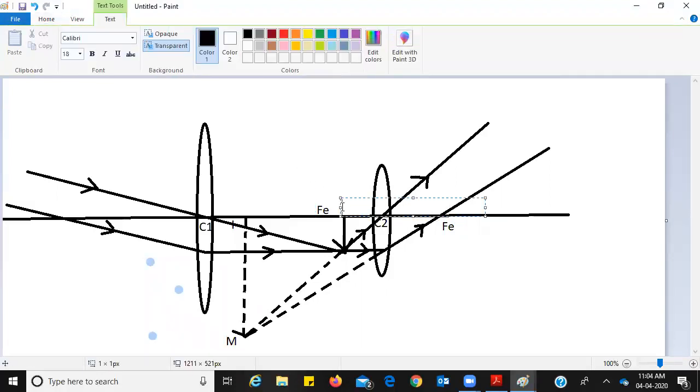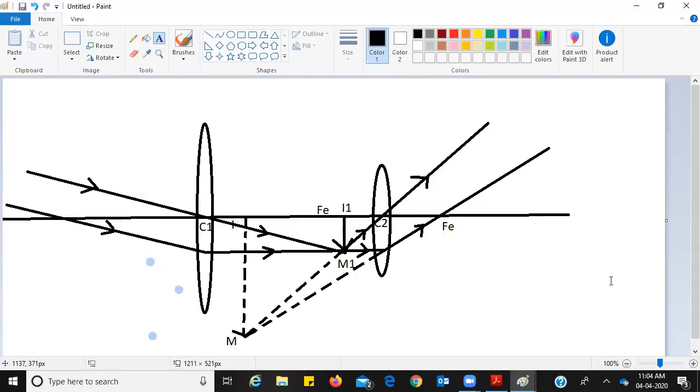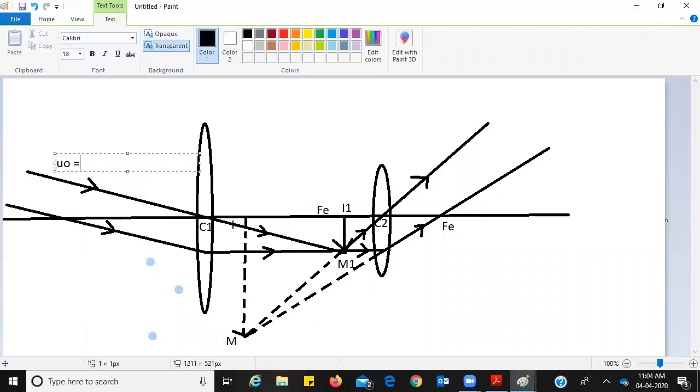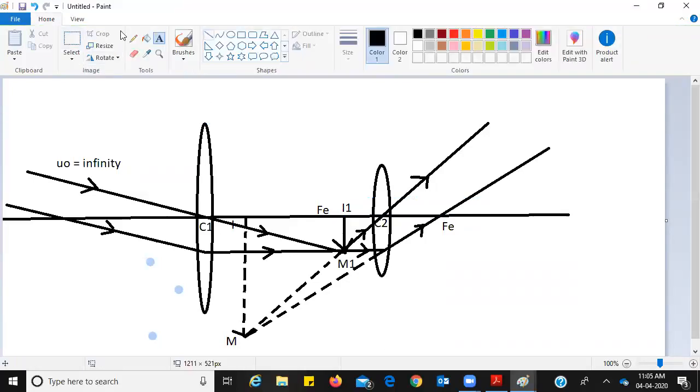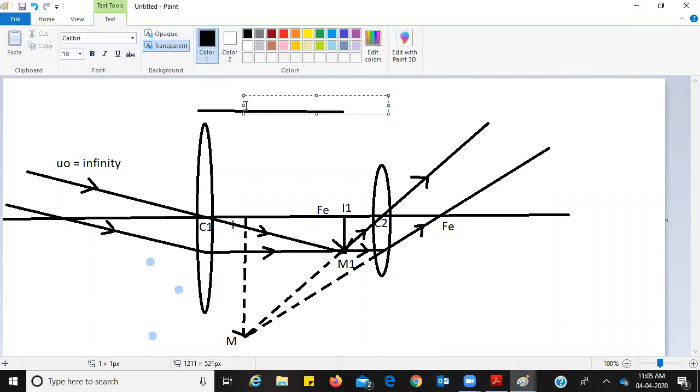At this point, like we mark I1, M1. Then UO is infinity. What is this distance? VO. But that's equal to FO, since it is infinity.